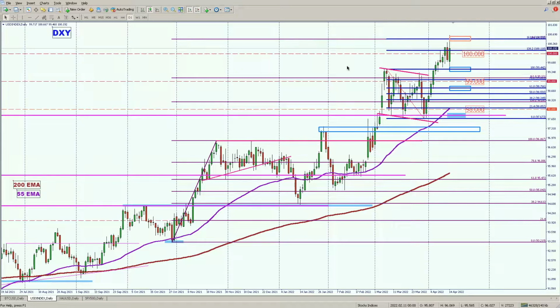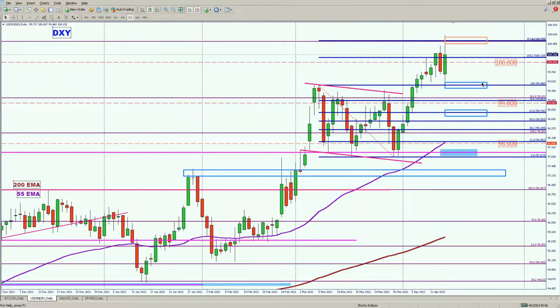So this is the DXY, the US dollar index, and you can see this was on Thursday. There was no trading on the Friday, so there's no candle there, and that was the long wide range upper and lower wick of the US dollar index as compared to the euro as well.